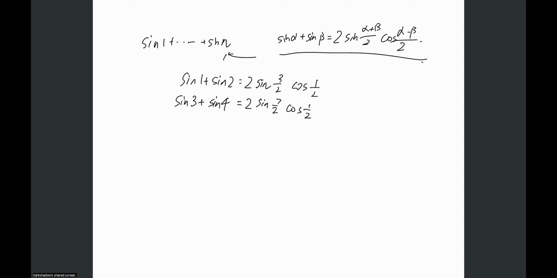Sine alpha plus sine. What about if I consider sine 1 plus sine 3 equals 2 sine 2 times cosine 1 here, and sine 2 plus sine 4 equals 2 sine 3 cosine 1?